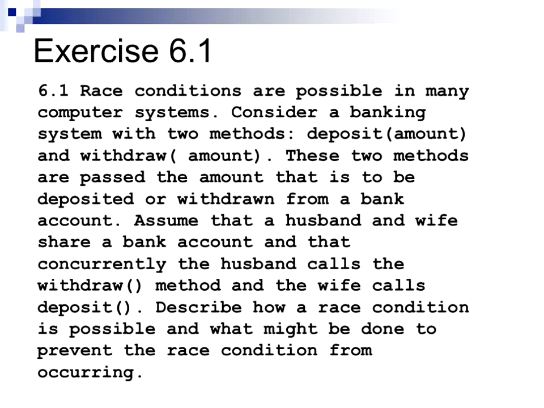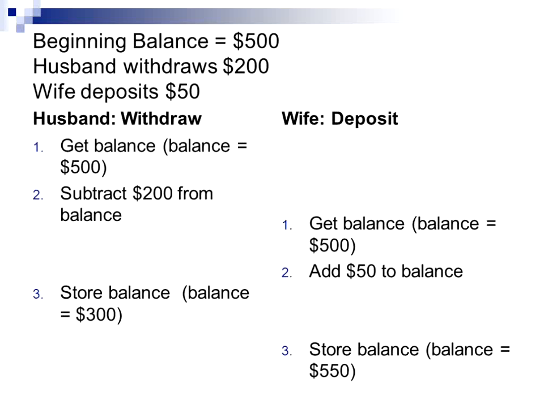You can assume that a husband and wife share the bank account, and the husband tries to do a withdrawal and the wife does a deposit. Show how a race condition is possible and what you could do to prevent it from occurring. There are lots of ways you could have shown this, but here's how I looked at it. Of course, your answers were different than this, but this was my answer.